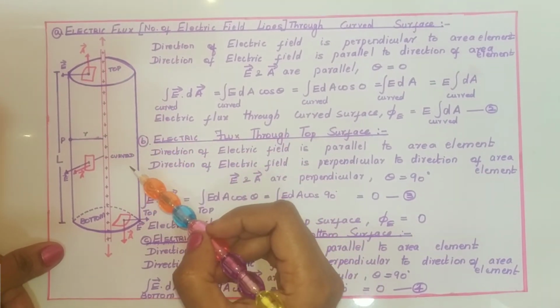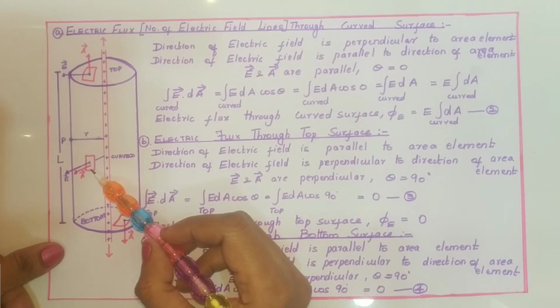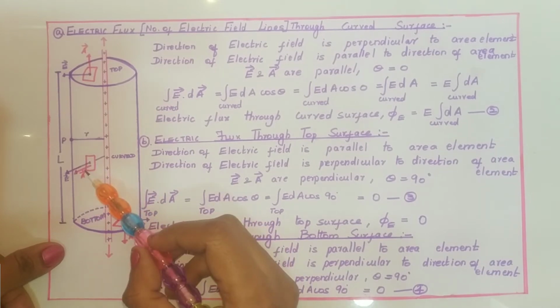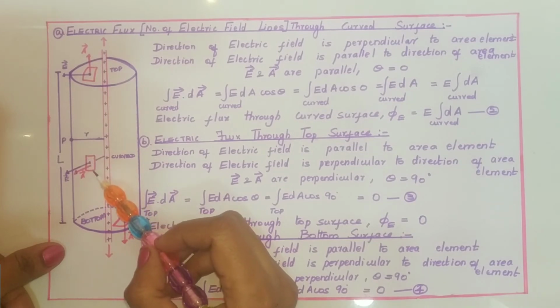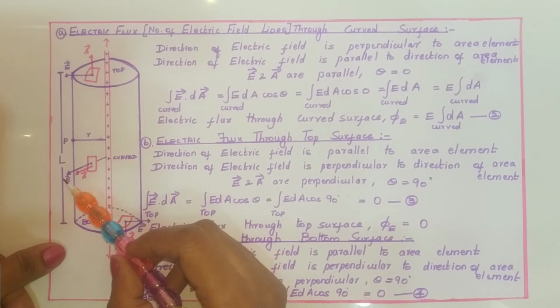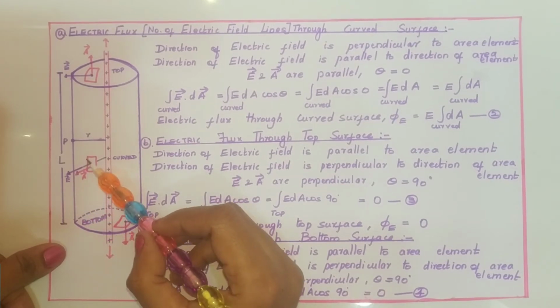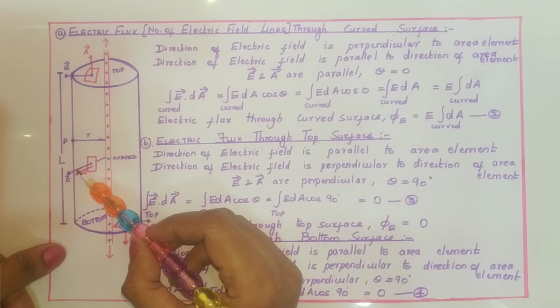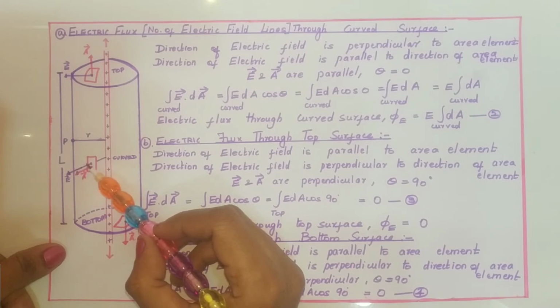The direction of the electric field is perpendicular to the area element. Here you see I have taken an area element. The electric field lines point outward radially, and the area element and the electric field direction are perpendicular to each other.